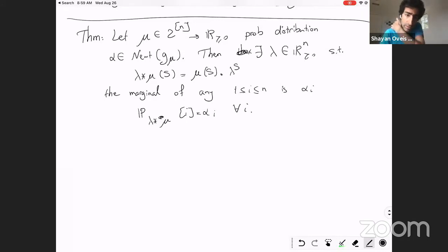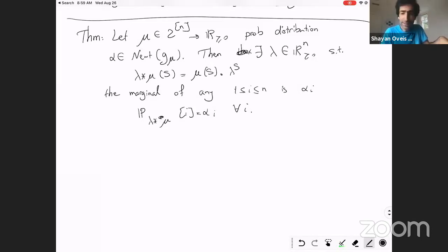Okay. So what am I doing here? The point is I have one probability distribution mu. It has some marginal probabilities. Every element has some probability. But I'm not interested in that. I want to change the marginal probability, but I don't want to change my distribution so much.